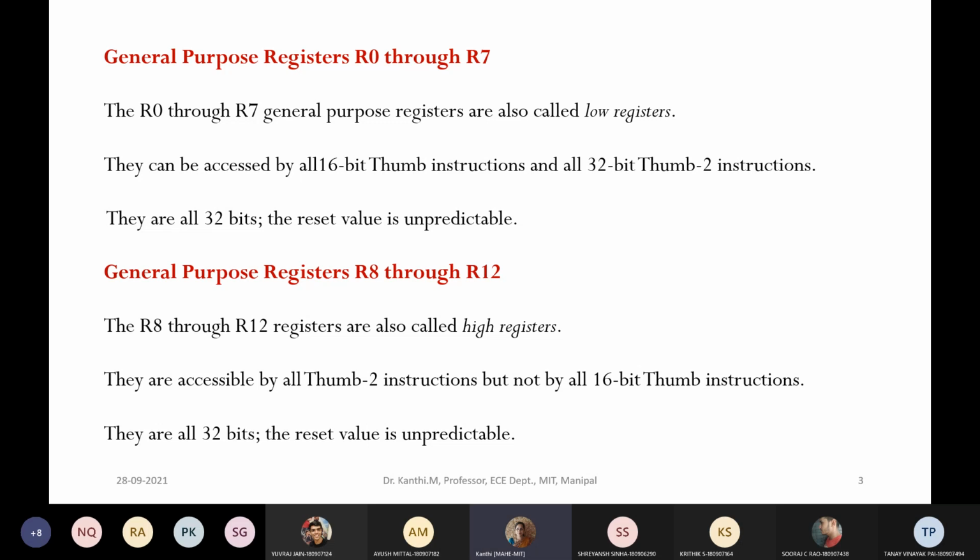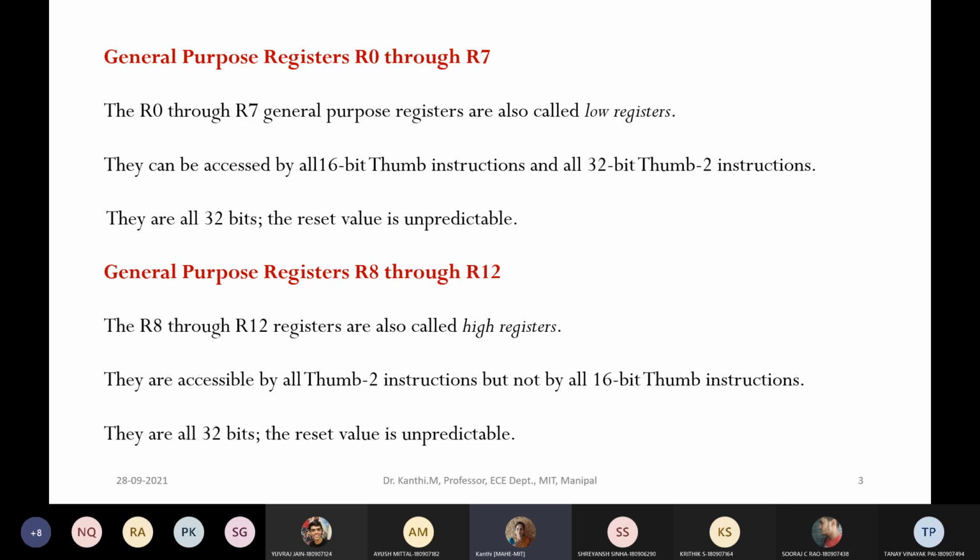But please note that these registers can be accessed by all 16-bit Thumb instructions. What we mean here is, even though there is a Thumb 2 mode, it can also support your previous versions. Whatever we have supported in previous versions can be used in the processor. So these lower 8 registers can be accessed by all 16-bit Thumb instructions and all your 32-bit Thumb 2 instructions.